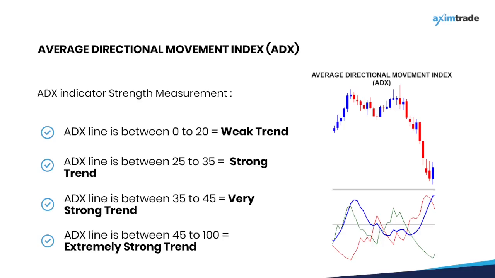A weak trend is defined as the ADX line being between 0 and 20. A strong trend is between 25 and 35. A very strong trend is between 35 and 45. When the ADX line is between 45 and 100, it indicates an extremely strong trend.